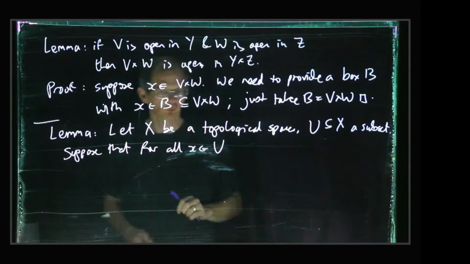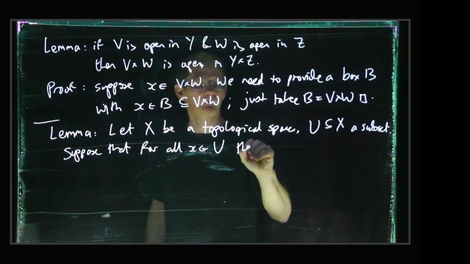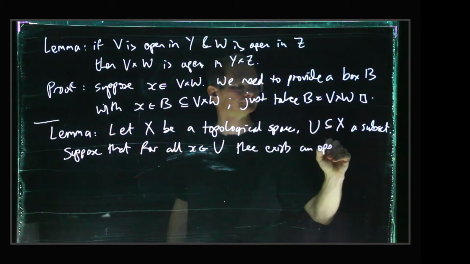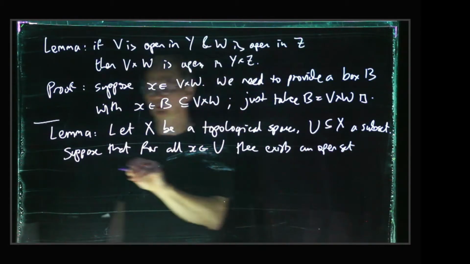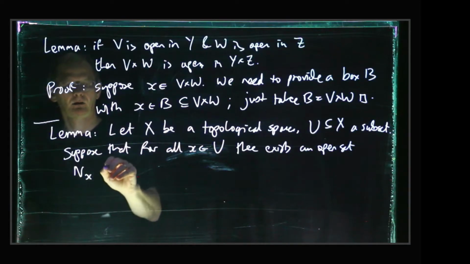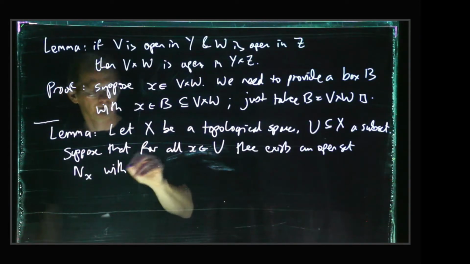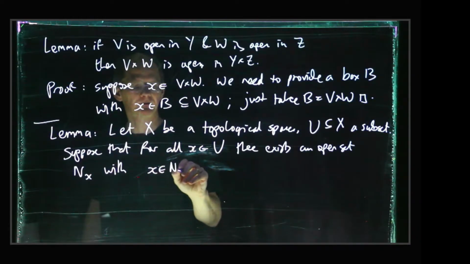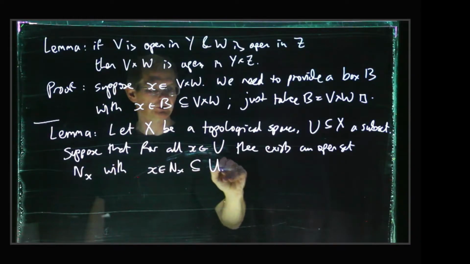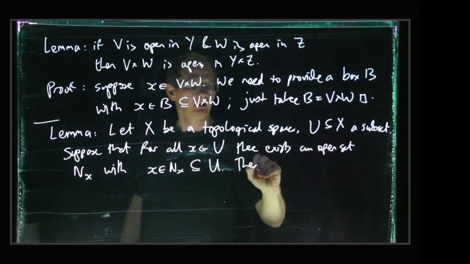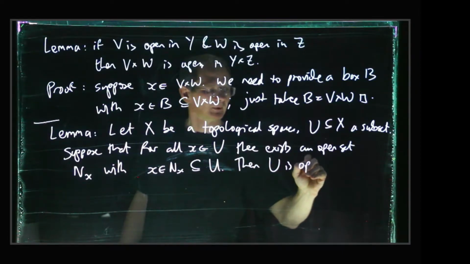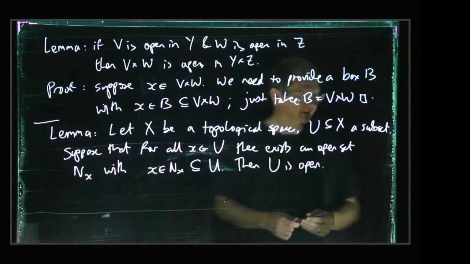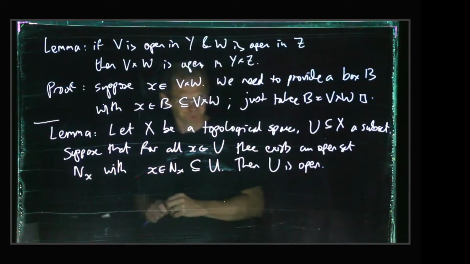Suppose that for all X in U, there exists an open set, let's call it N_X, with X an element of N_X, and N_X contained in U. So if we've got all these N_X, then I'm going to claim that U is open.